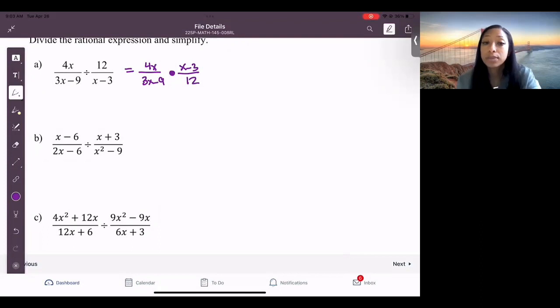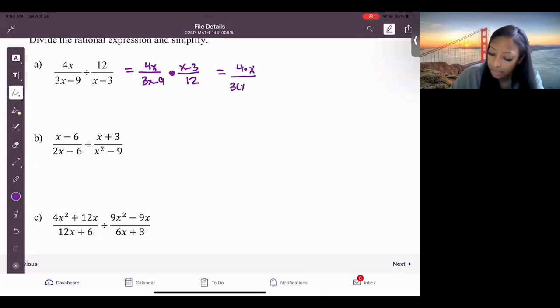Once the problem is written this way, then we factor, cancel out common factors, and multiply what's left. Our numerator here is 4 times x. The denominator is 3 times x minus 3.